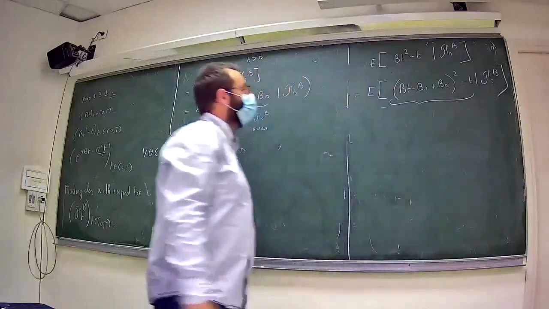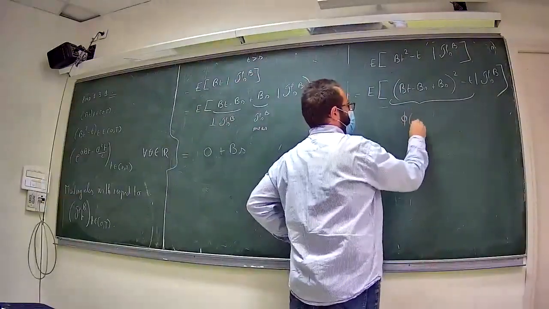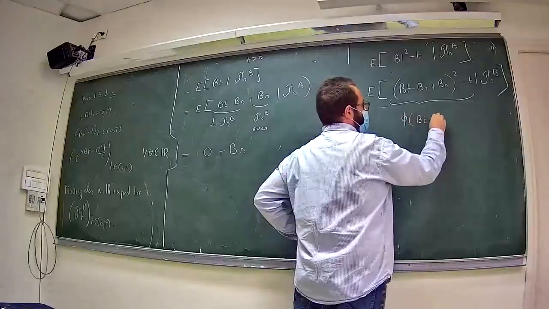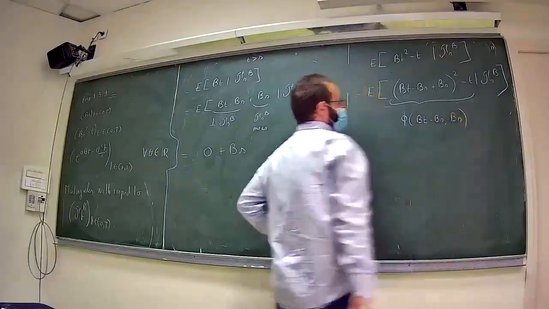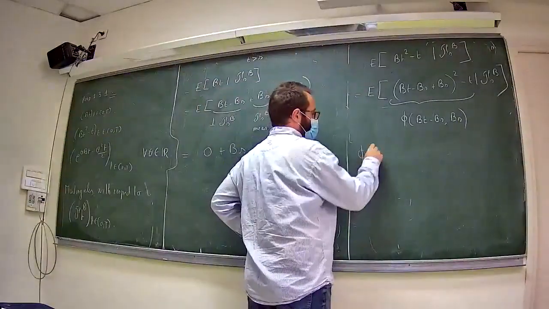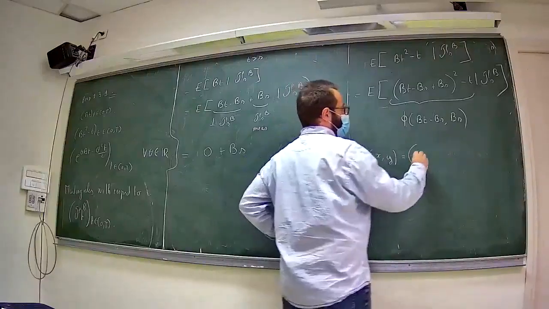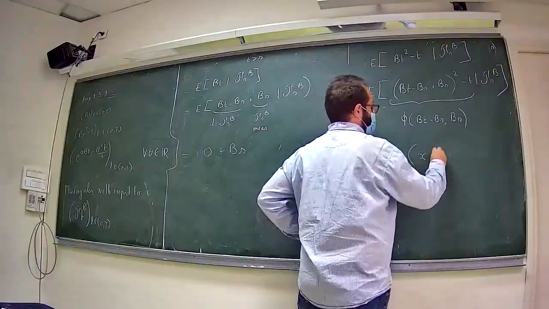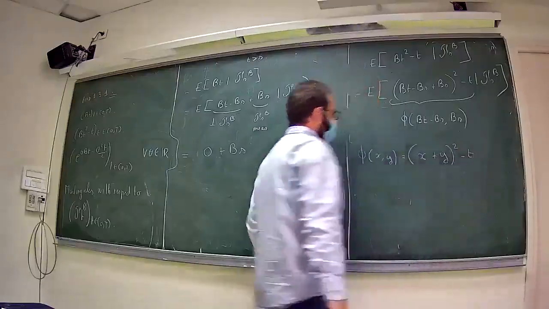I can write this one here as phi of bt minus bs and bs, where phi of x, y is just equal to x plus y squared minus t.